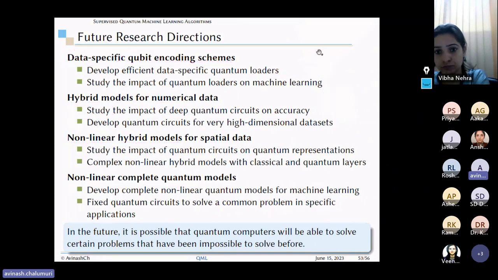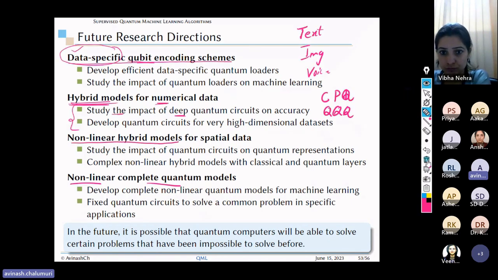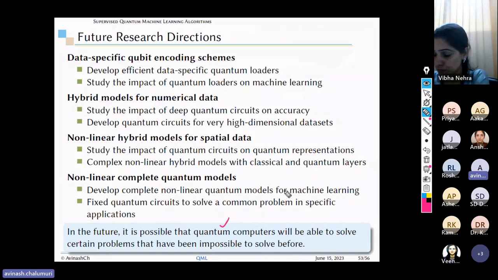These are some of the future research directions that I have proposed in my thesis. But there is always scope for research to grow and be extended. Even now we can see quantum vision transformers. People are working on the area of transformers also.